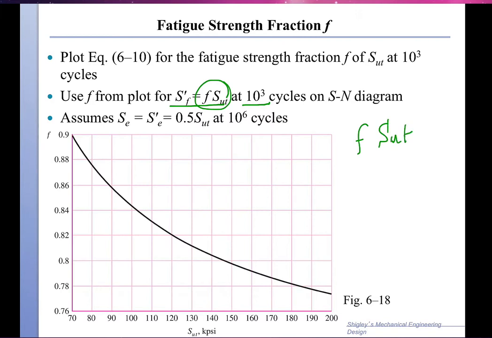The value of F starts at 0.9 when the ultimate is 70 KSI, and then let's say for a good strong steel of 150 KSI, then I can find F to be 0.79, for example, 95, and therefore I can find that coordinate that I'm looking for.